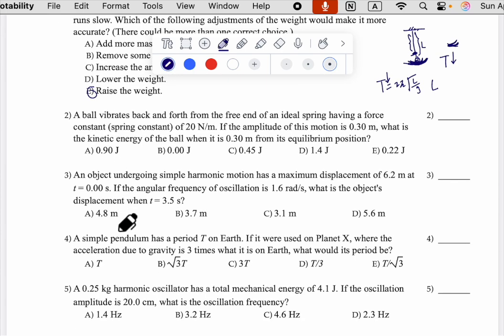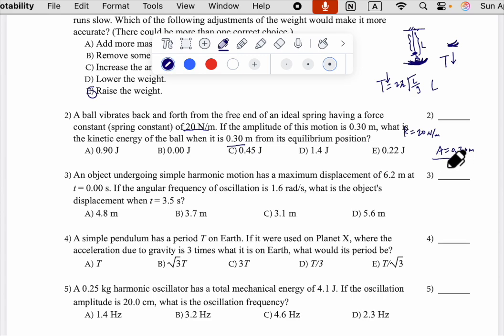Alright, second one. A ball vibrates back and forth from the free end of an ideal spring with spring constant K equal to 20 newtons per meter. If the amplitude of this motion is A equal to 0.30 meter, what is the kinetic energy of the ball when it is this much from its equilibrium position?